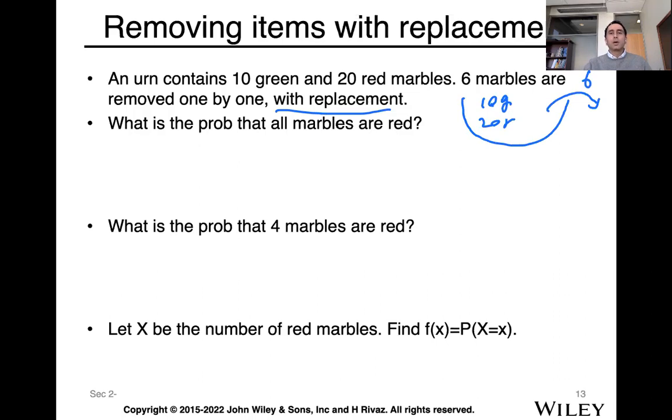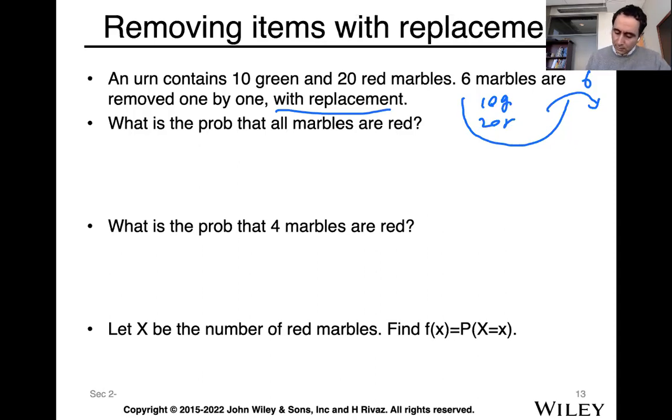What's the probability that all marbles are red? Since after looking at the marble I put it back, the probabilities are independent from each other. If the first one is red, it doesn't affect the chance of the second one being red, so I can use the equation for the binomial distribution.